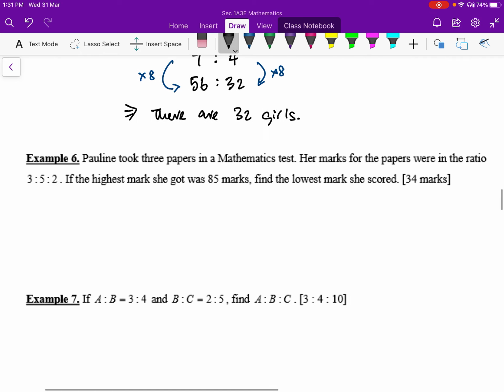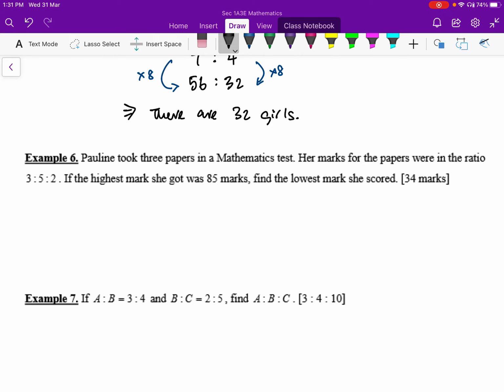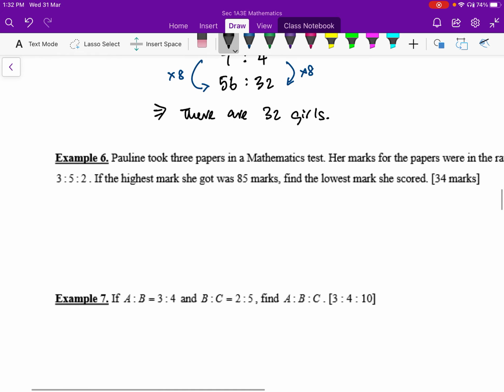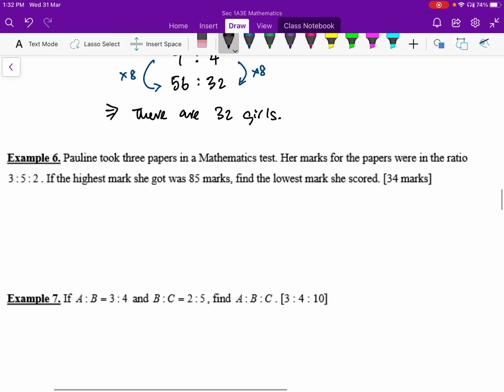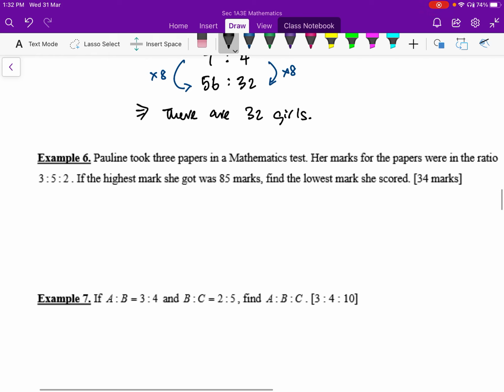Alright, then Pauline took 3 papers in the maths test. The test results were 3 to 5 to 2. The highest was 85 marks. Find the lowest mark that she scored. Okay, in order to do this, do you realize that there is some redundant information? There's a piece of information that we did not need to use.